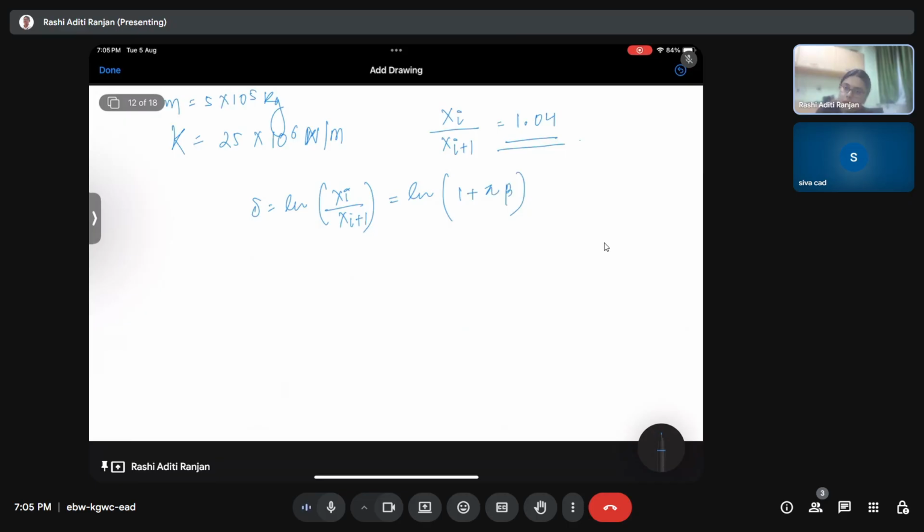If we remove ln on both sides, what are we going to get? x of i by x of i plus 1 is equals to 1 plus pi beta, which is nothing but 1.04. So we have pi beta as 0.04. From that we can get beta as 0.04 by pi. This will further give the value 0.10127.